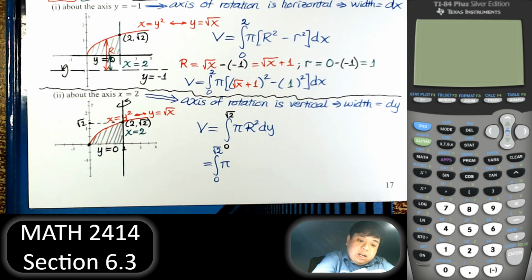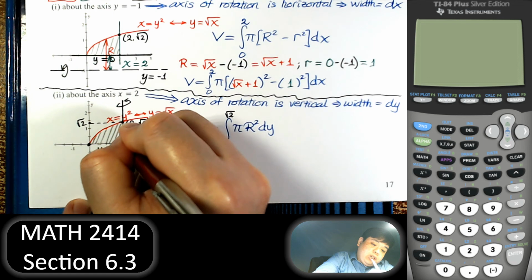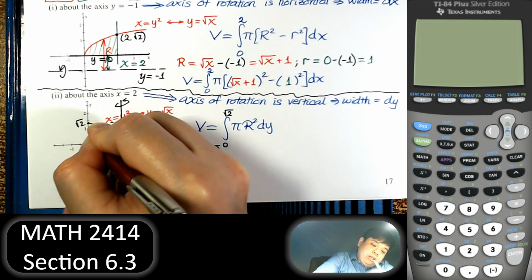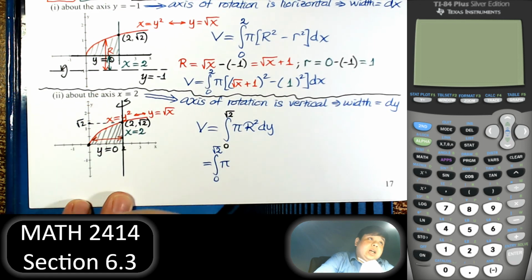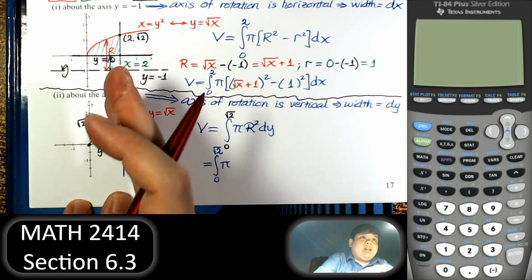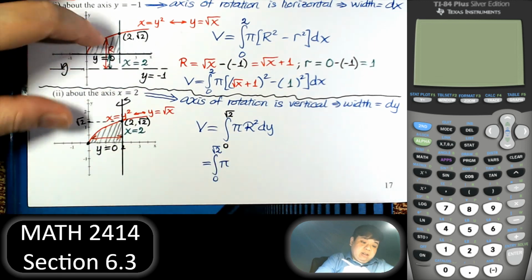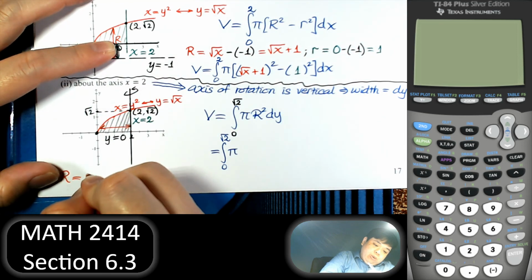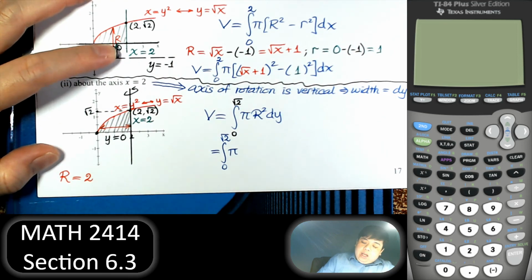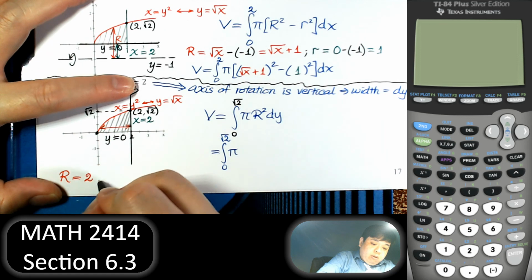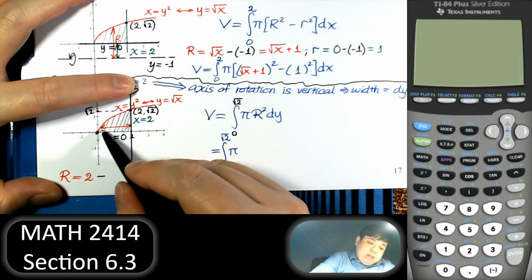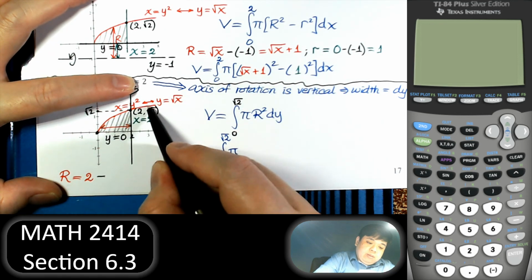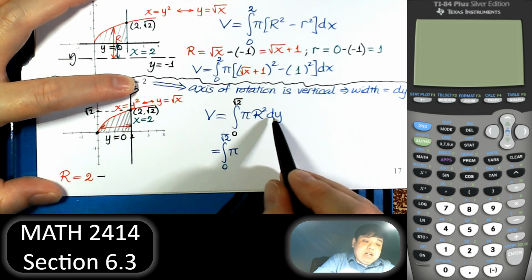Now what is the big radius? Actually the only radius here. So from the axis of rotation to the edge, we have the function on the right minus the function on the left. The function on the right is x equal to 2. Subtract the function from the left, which will be this curve, but it has to be in terms of y.